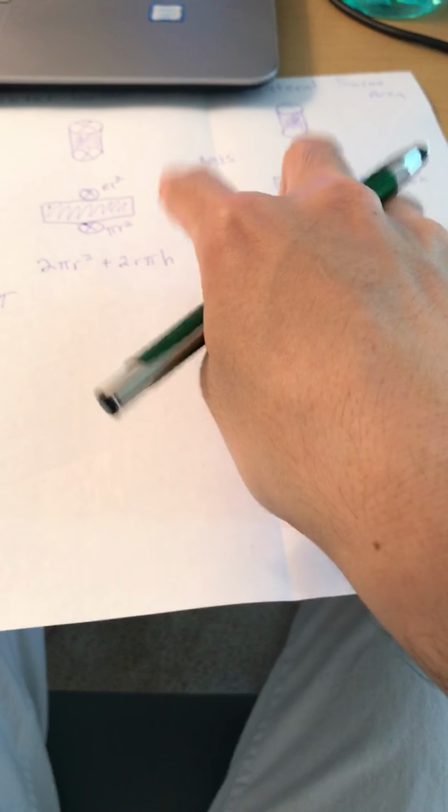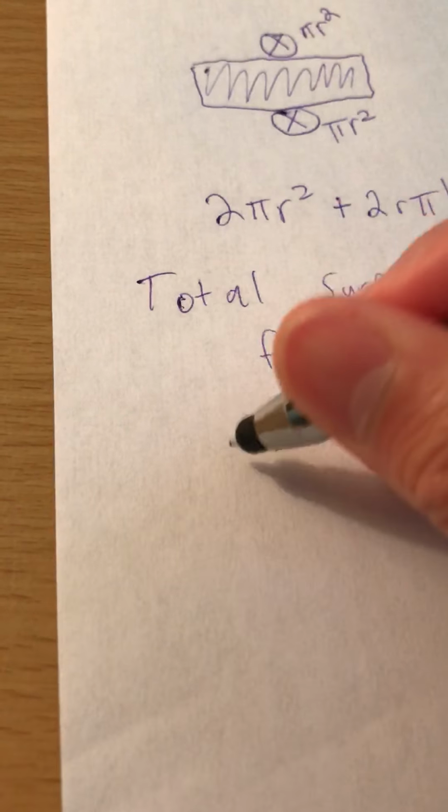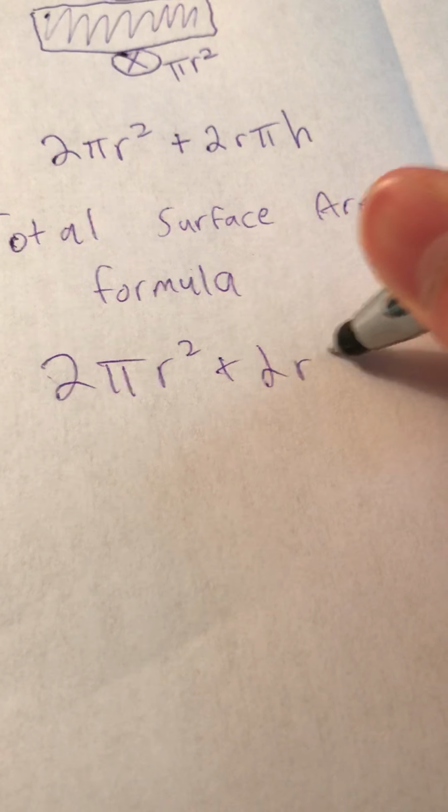That is the total surface area formula, which I will rewrite for you just for the sake of symmetry. Symmetry means that this side and this side has matching spaces. So we got total surface area formula, which is 2 pi r squared plus 2r pi h.